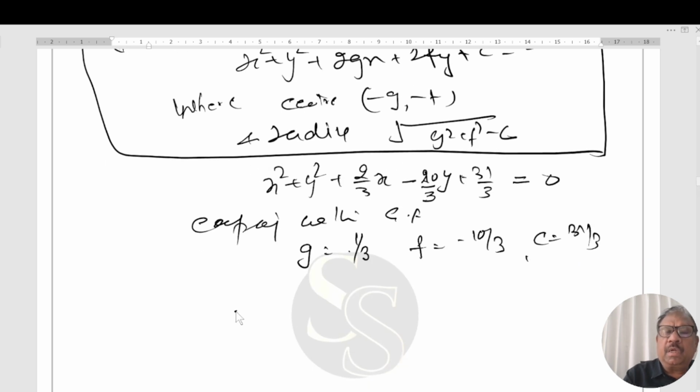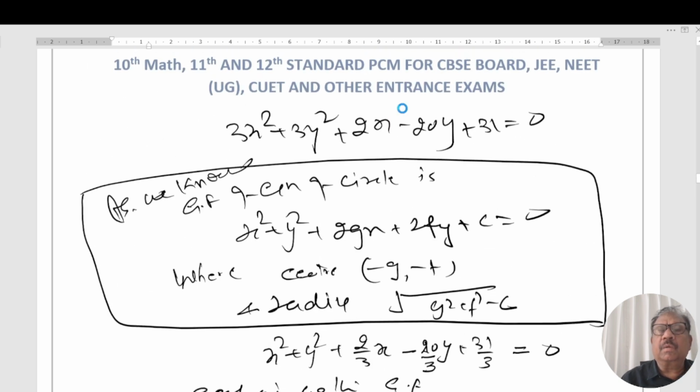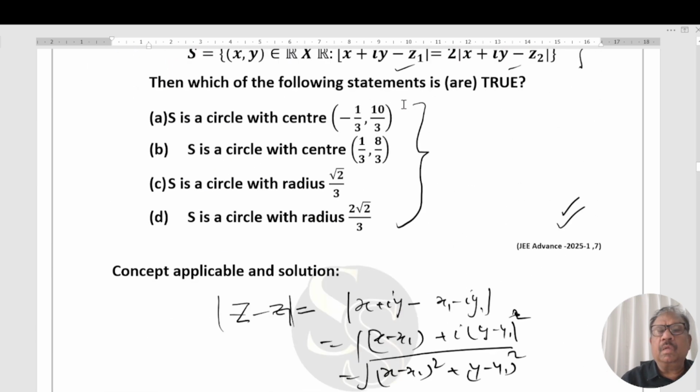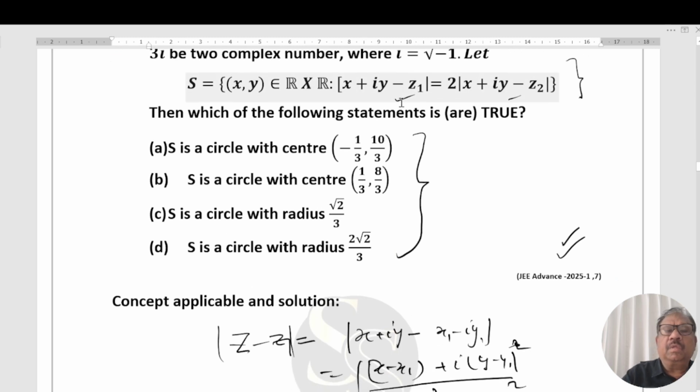Then the center will become (minus 1 by 3, 10 by 3). First check whether the center is in the answer options: minus 1 by 3, this is the correct answer.